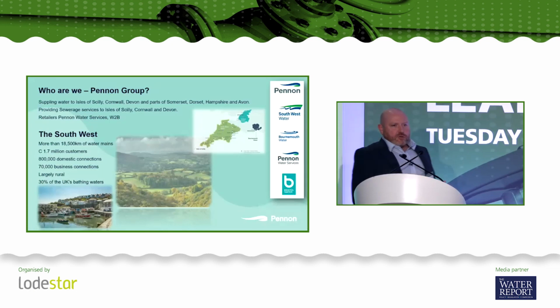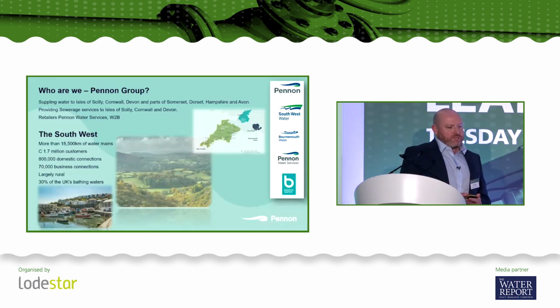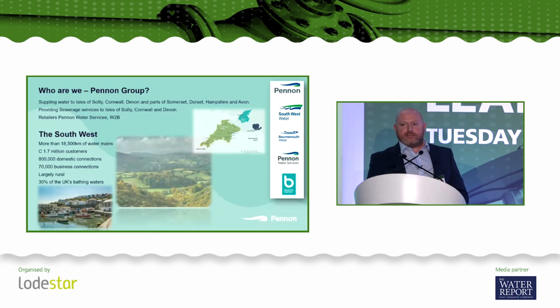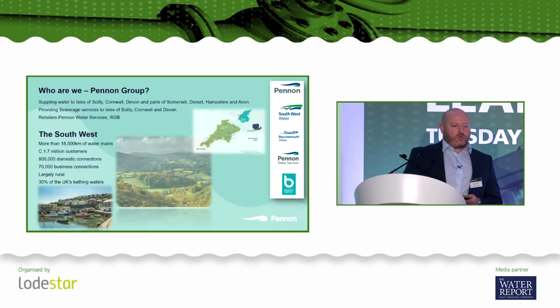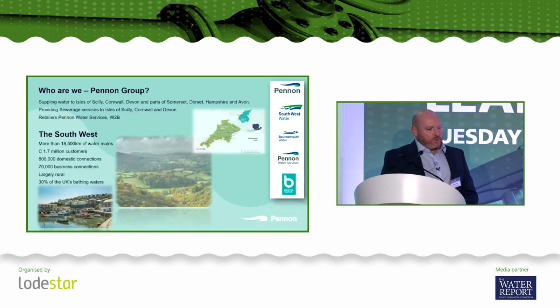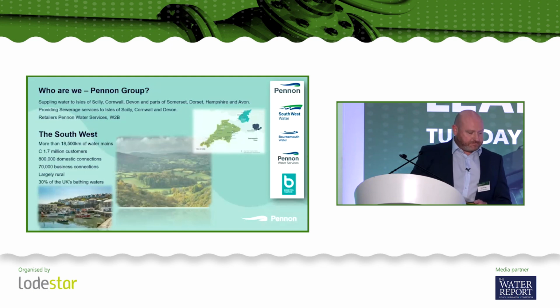So who are we? Pennon Group. We supply water to the Isles of Scilly, Cornwall, Devon, parts of Somerset, Dorset, Hampshire and Avon. We also have sewerage services for the Isles of Scilly, Cornwall and Devon. We also have retailers, Pennon Water Services and Water to Business.